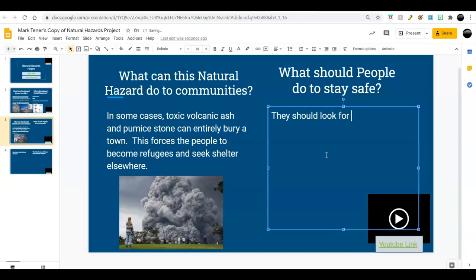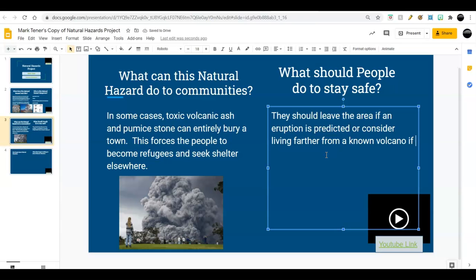They should leave the area if an eruption is predicted, or consider living farther from a known volcano if they can.